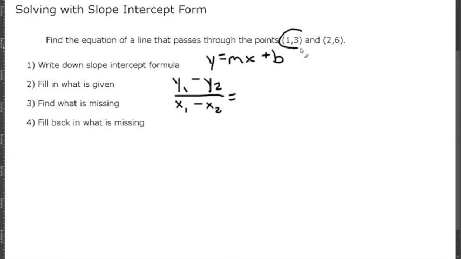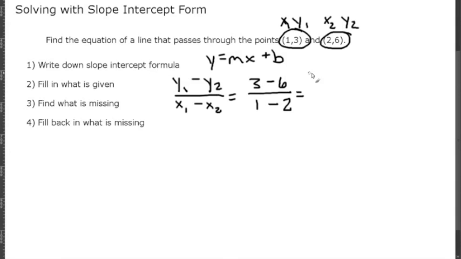So we'll make this our x1 and y1, and our second point our x2 and y2. 3 minus 6 all over 1 minus 2. 3 minus 6 is going to give us a negative 3, and 1 minus 2 is going to give us a negative 1. So this is just positive 3 over 1, which is 3. And this is what m is equal to.